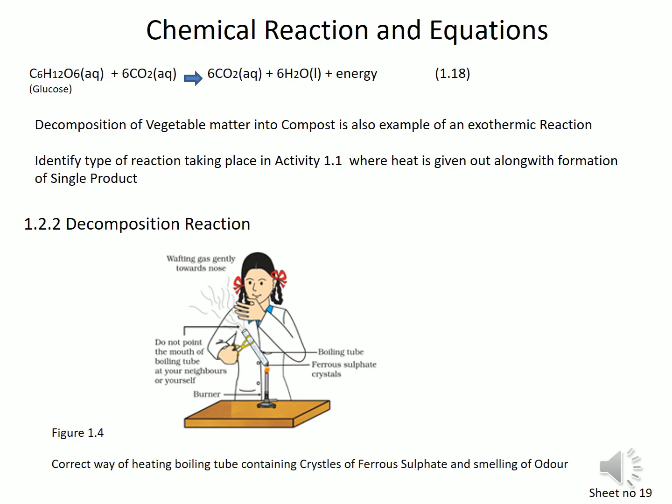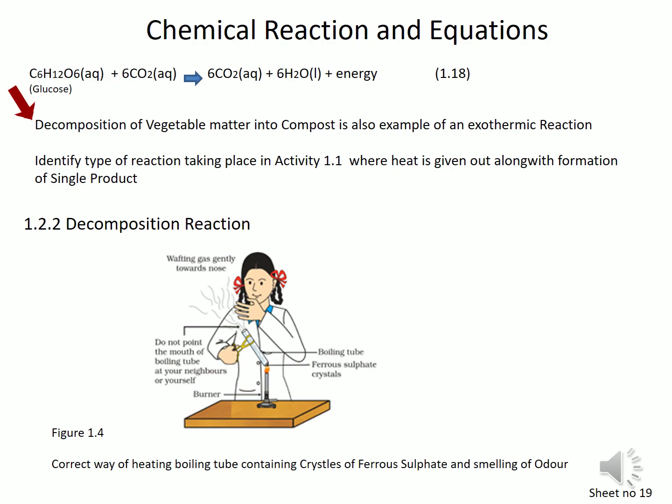Now let us see equation 1.18. When C6H12O6, glucose, reacts with 6O2, that is oxygen, it gives 6CO2 plus 6H2O plus energy. A lot of energy is generated. So again this is an exothermic reaction.